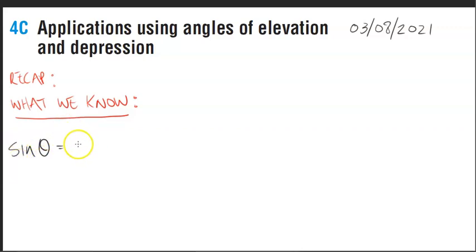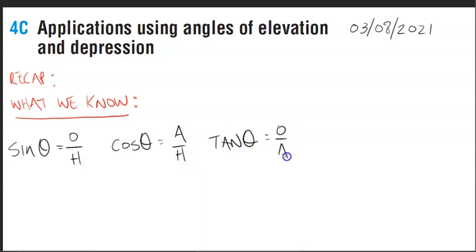The sine of an angle is the opposite over the hypotenuse. The cos of an angle is the adjacent over the hypotenuse. And tan of an angle is the opposite over the adjacent.